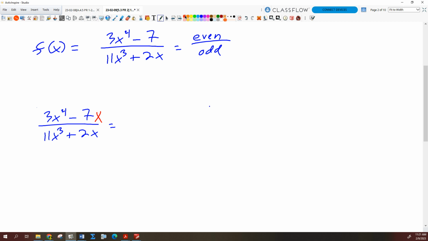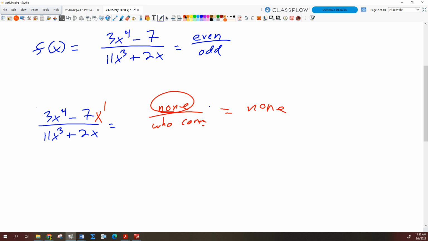What's wrong with the top? It's a mixture, right? Even and odd means neither, right? Because look here, I've got an even exponent and an odd exponent. So we get none or neither over who cares? Because if it says none anywhere, it's none. There's no symmetry on that one.